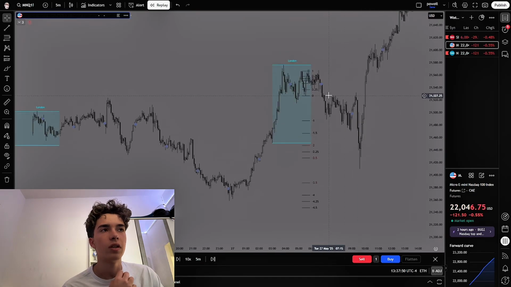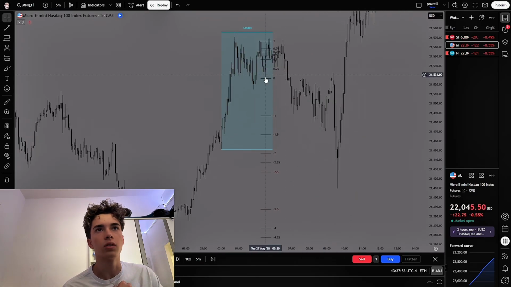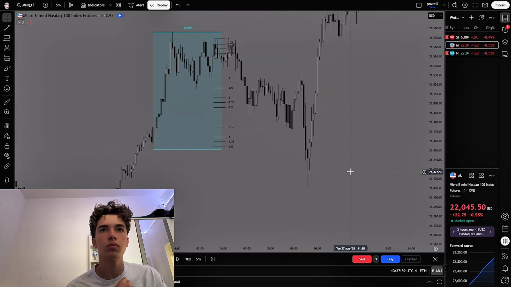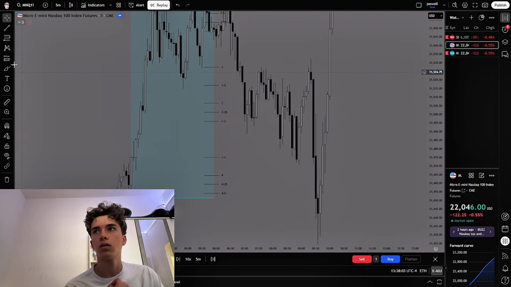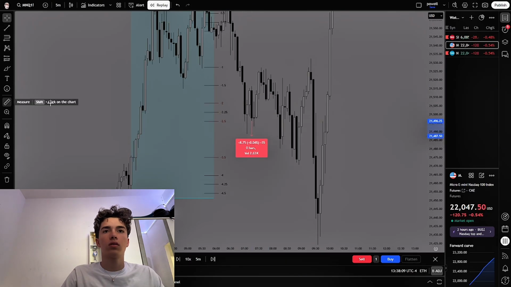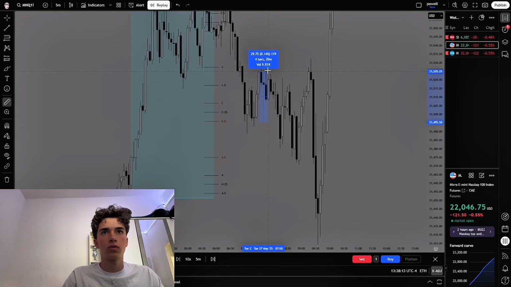Let's see. Maybe the other leg was a bit better. Yeah, we had this one. 2.5, 10 point of drawdown. 30 point of TP.